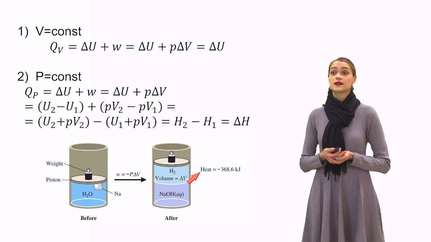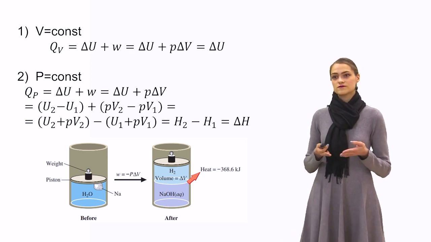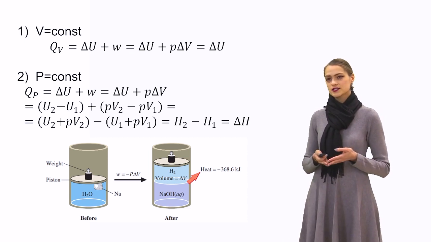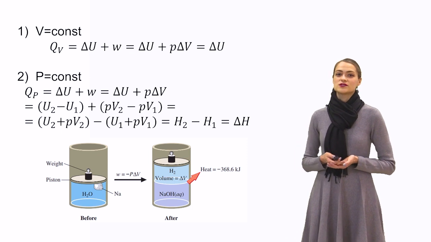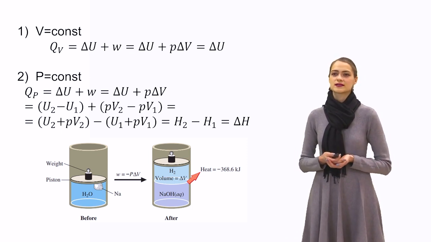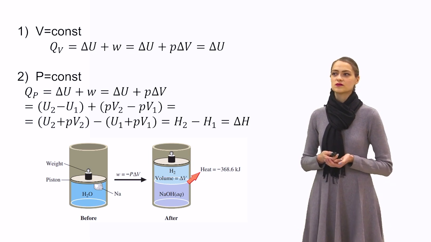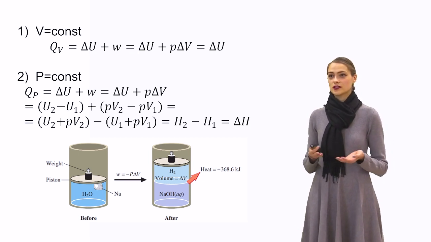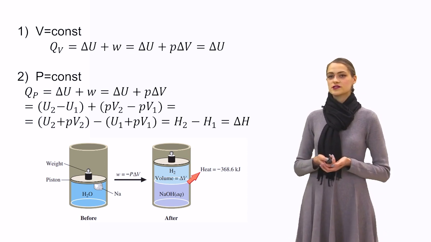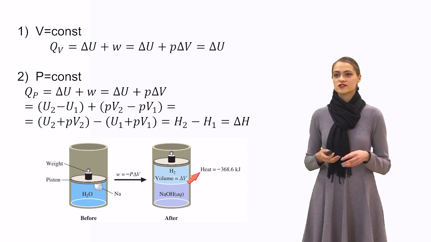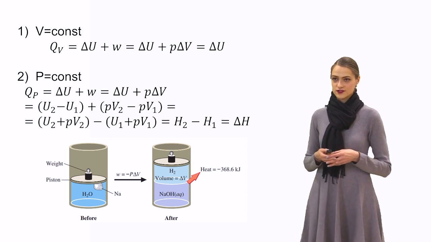But we said that we use this first law of thermodynamics in isochoric conditions, so we don't have a change of volume, and this system doesn't produce new work. So work equals 0, and in our situation QV equals delta U. It goes just to change of internal energy.